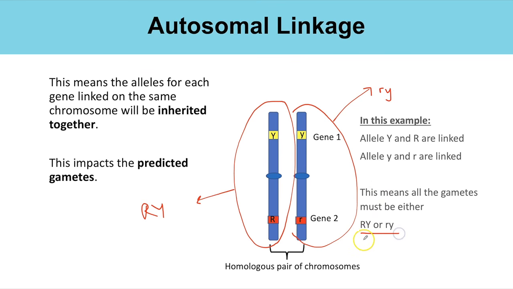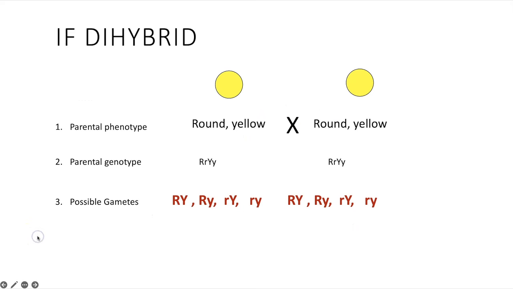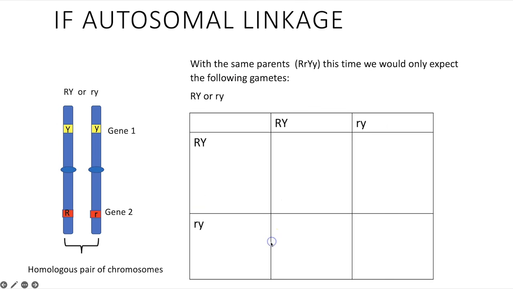And therefore, these are the only two gametes that this parent can make, rather than the four possible ones that we looked at initially. So here were the four possible ones that we said initially if there was no autosomal linkage. But because there is autosomal linkage, these are the only gametes that the parent can produce.